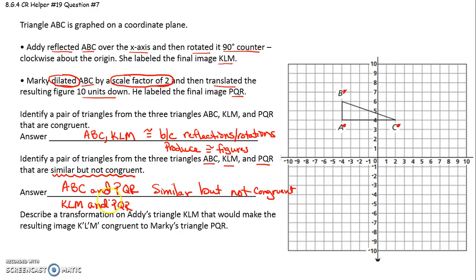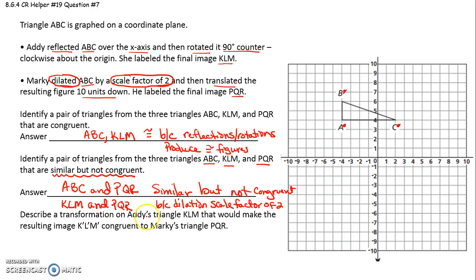And the reason is because of the scale factor of 2. As soon as we do a dilation with the scale factor of 2, we've blown up the figure and then they'll be similar. Sides will be in proportion, the angles will remain the same, but they will not be congruent. Side lengths will be in proportion, they won't be the same measure.